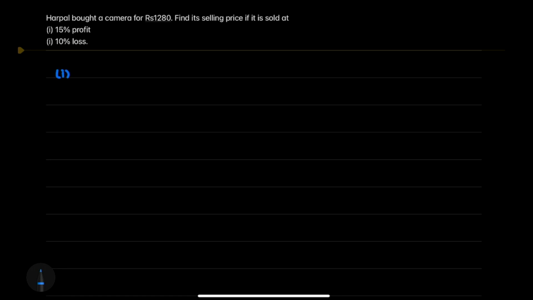So let's first start with the first one. So we need to find a profit of 15%. So we already know the cost price of the item is 12,800 rupees. We need to now find the selling price for the profit of 15%. So we remember our rule of thumb where we have 1 plus profit percentage over 100 into cost price.